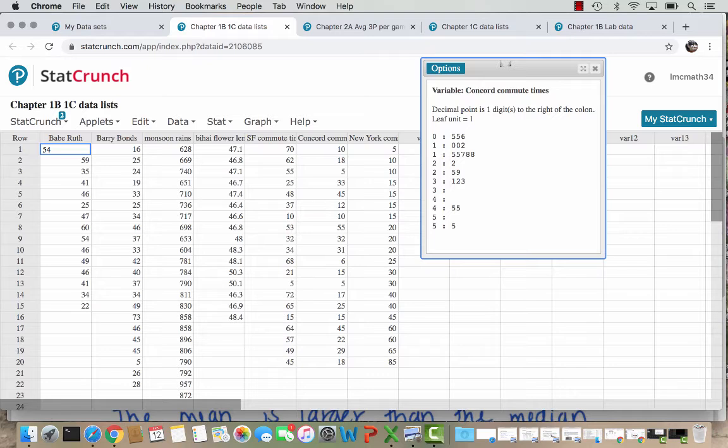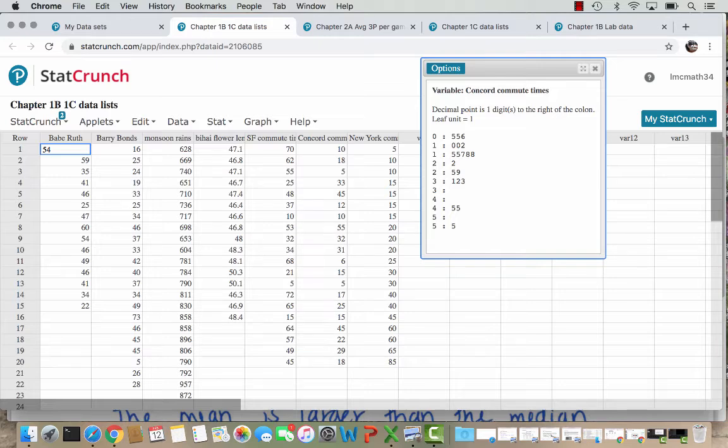Now, StatCrunch has done something a little different than I did when I drew my stem plot by hand. Because I have larger data sets in the 10s and the 20s, StatCrunch has gone ahead and split the stems. When they split the stems, the ones places between 5 and 9 end up in one row, and the ones places between 0 and 4 end up in another row.